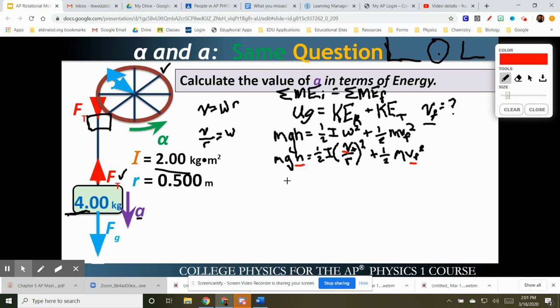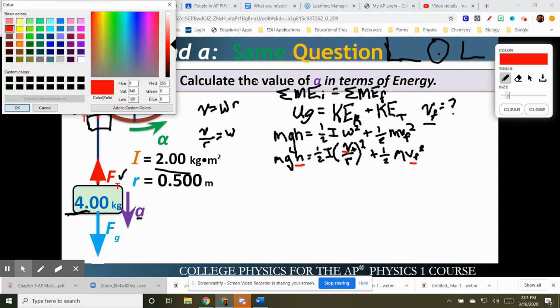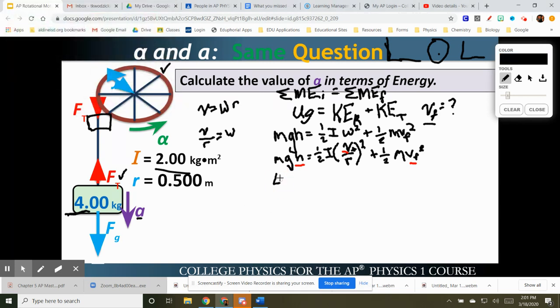So 4 times 10 is 40h. It doesn't look good.